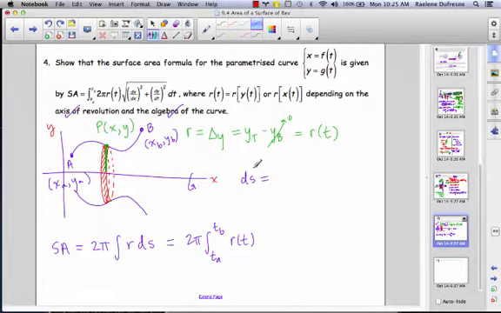So remembering that ds squared was equal to dx squared plus dy squared, we can multiply top and bottom of the right-hand side by dt squared.